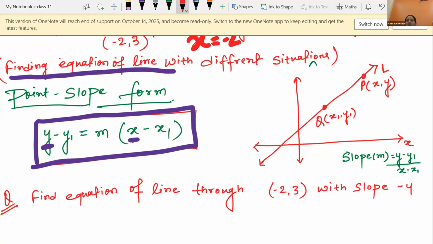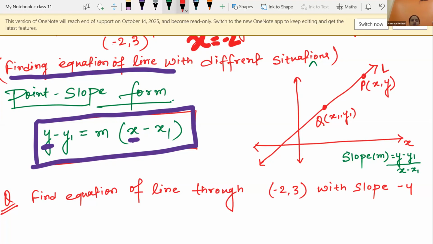And let me know once you are done with noting down the formula. Done? Yes, Manvi, Neha, Mariam, Aisha, are you done with noting down the formula? Yes, ma'am. Okay.